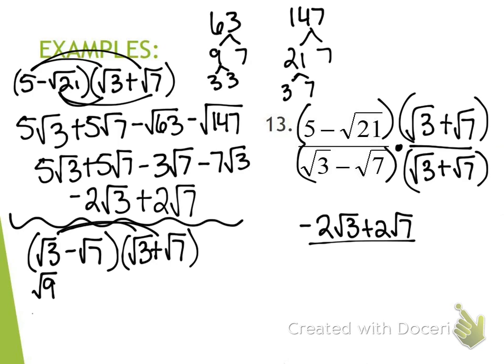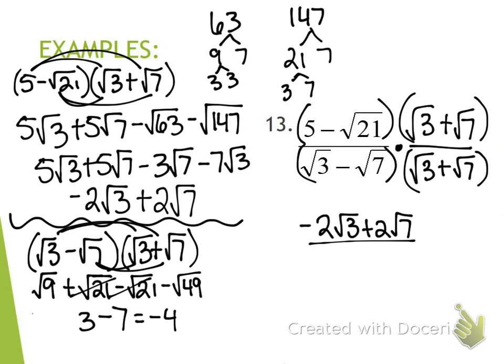Root 3 times root 7. Root 21. Negative root 7 times root 3. Negative root 21. And negative root 7 times root 7. Negative root 49. Okay, the square root of 9 is 3. What happens to the root 21s? They cancel. Minus the square root of 49 is a 7. 3 minus 7 is negative 4. That is what is in my denominator.